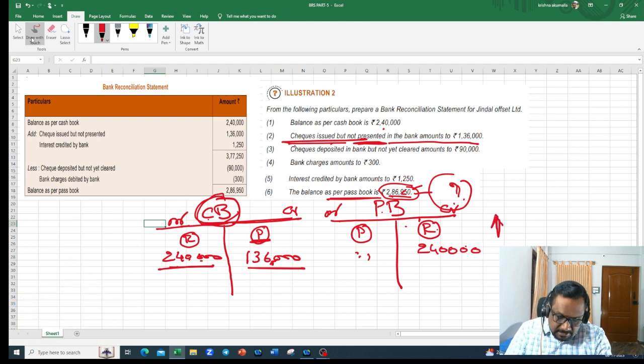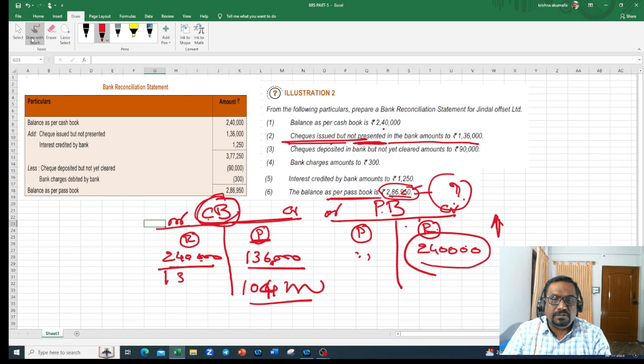Why? How can I say? Here you see 2,40,000 minus 1,36,000 is what? 1,04,000. But here it is 2,40,000. Right? Here the balance is 1,04,000. But here the balance is 2,40,000. That means this balance is increased. The question mark balance is increased.